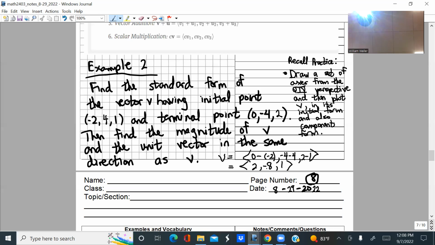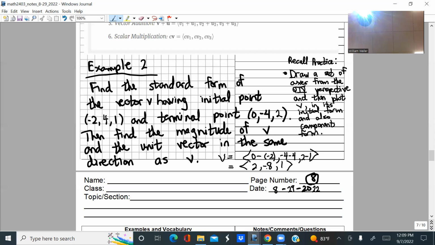Next. Third. Fix this. All right, so that looks nice. I can almost actually see that picture.